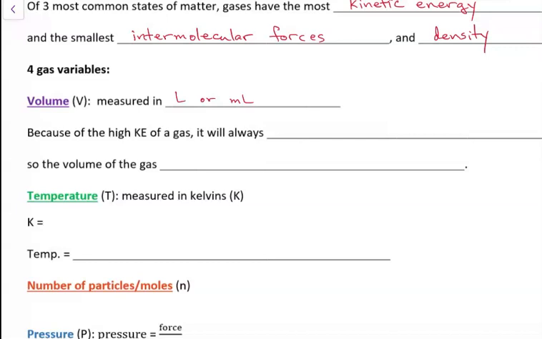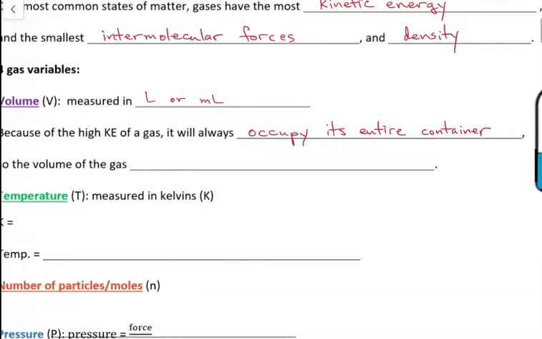And because of their high kinetic energy, that gas is always going to occupy its entire container. And so we can say the volume of the gas equals the volume of the container. So it makes finding the volume of a gas often pretty easy.